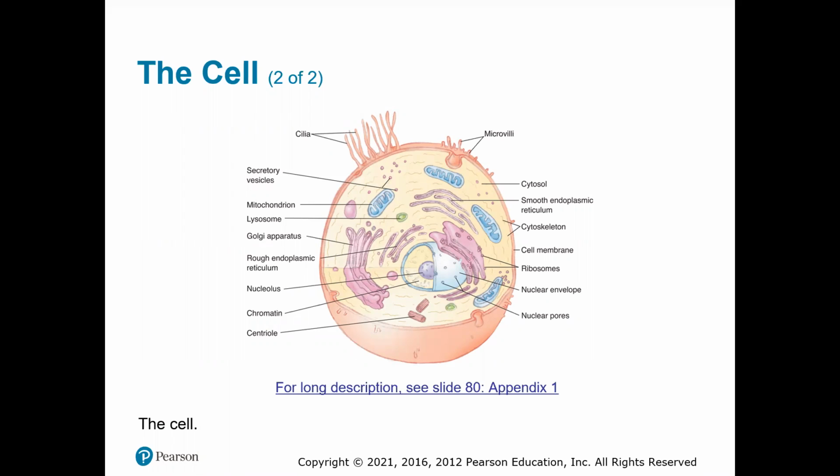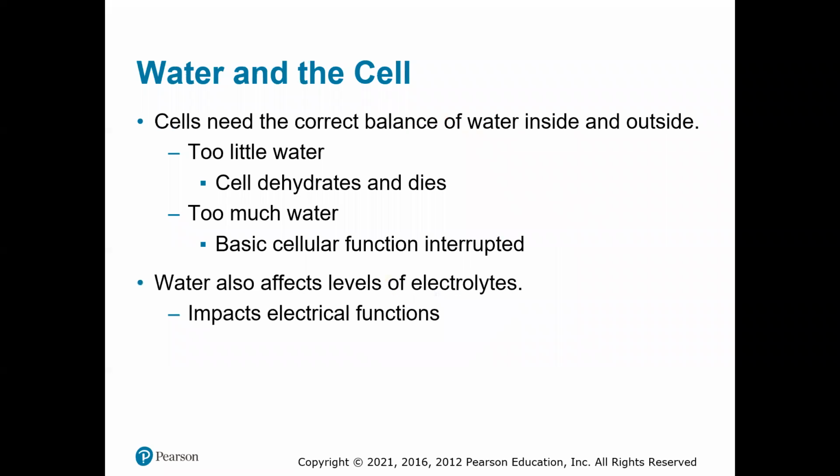You don't want those structures to become squished because the cell is too engorged with water. If there is too little water, it can become dehydrated, and then those functions cannot be done because they don't have the mobility. They may not have a lubrication to be able to move where they need to.